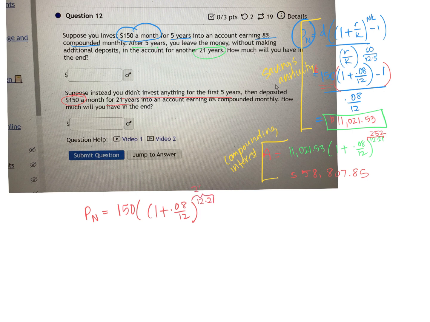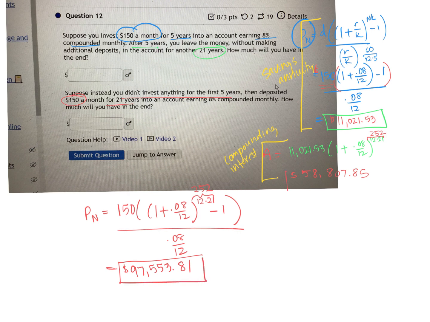Again, I'll simplify that to be 252, minus 1, all over 0.08 over 12. And so when we plug that in, we're going to have $97,553.81.